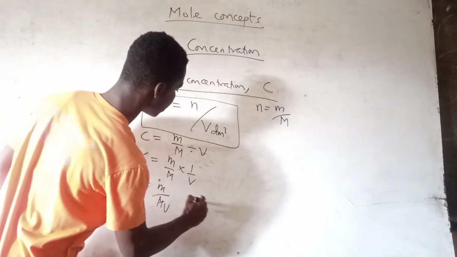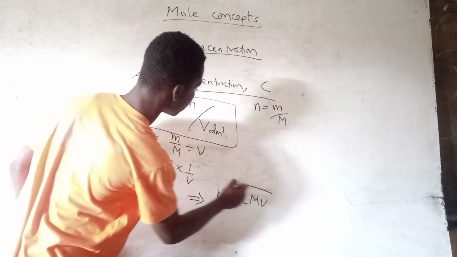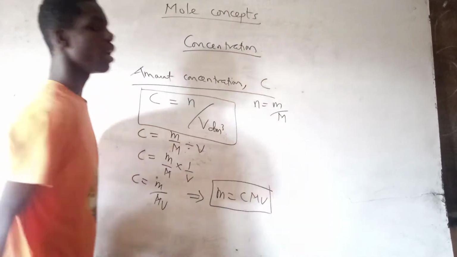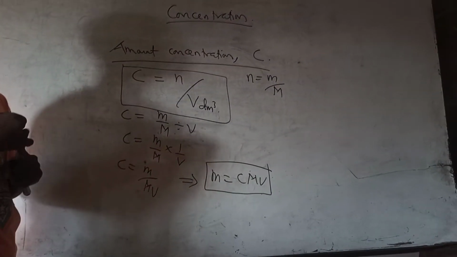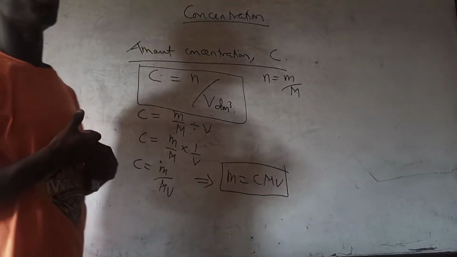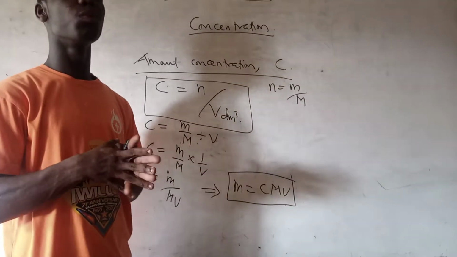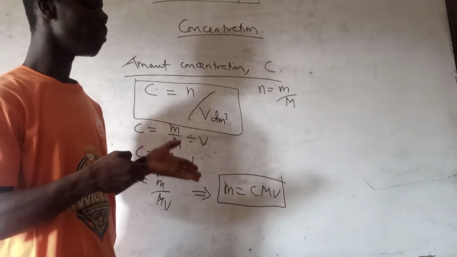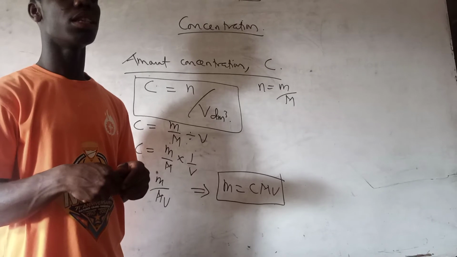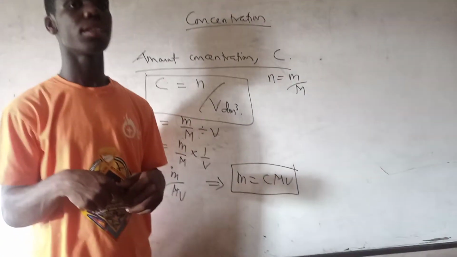And this implies that mass is equal to CMV, and this one is an equation. So when the amount concentration is given, and you know the molar mass of the compound or the element, and you know the volume, then you can find the mass of the substance or the compound given.